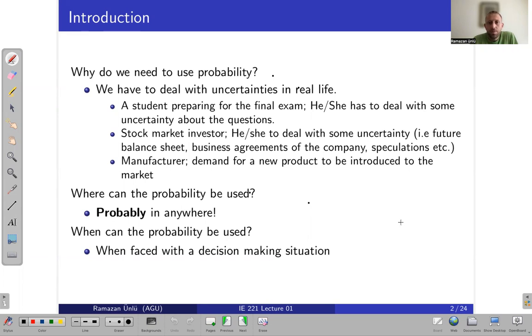Imagine yourself preparing for a final exam, and you have to deal with some uncertainties about the questions that will be asked in the final exam. Probably you will not be sure about the questions, and you have to follow some strategies to guess what questions can be asked, right?